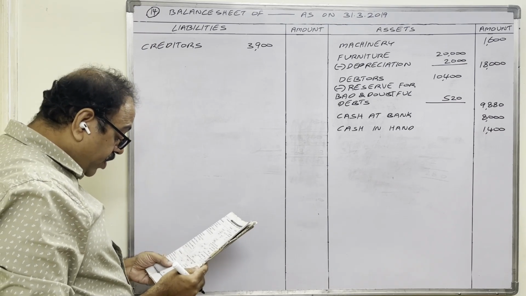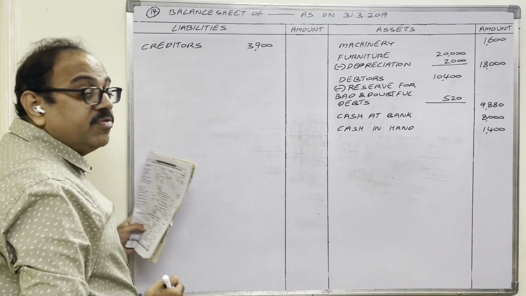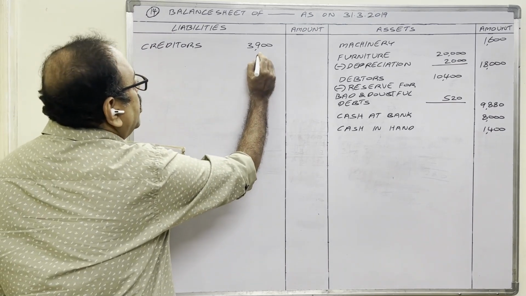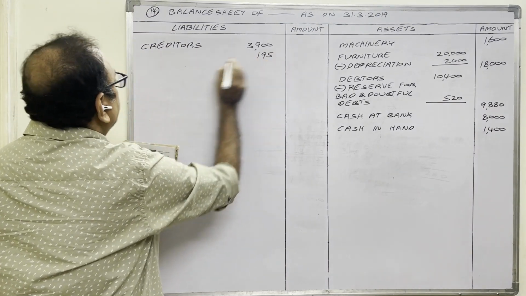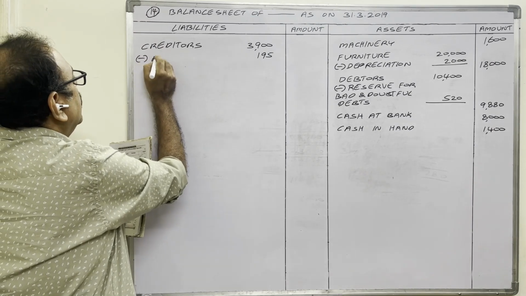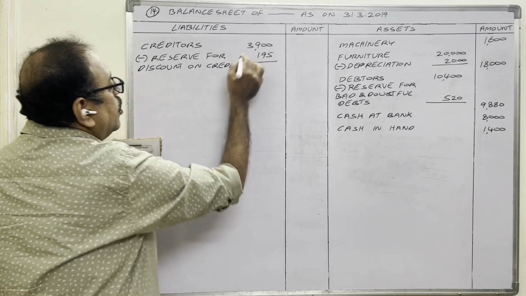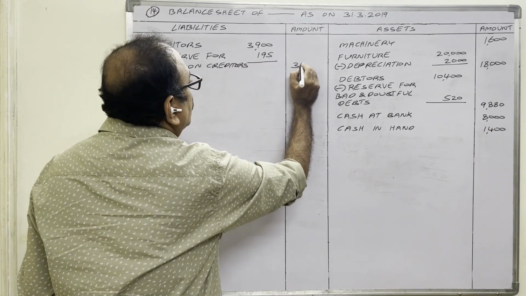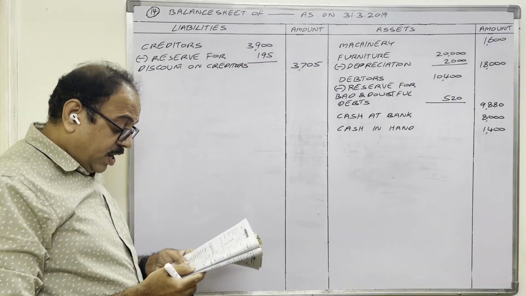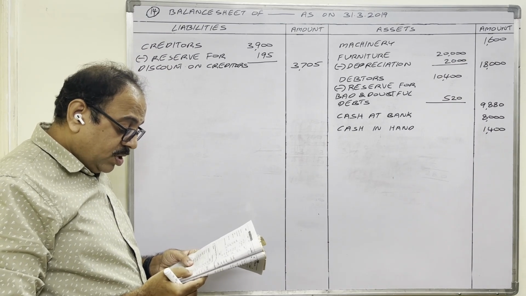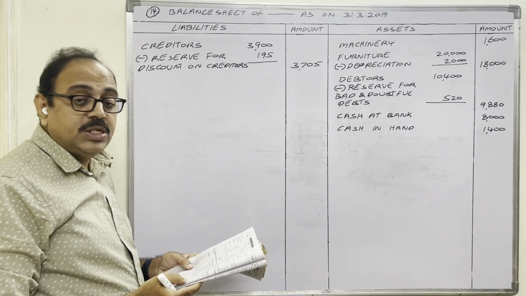We calculated it in the profit and loss account, no? 195 rupees came. That amount we should subtract here, minus reserve for discount on creditors. Net amount in the outer column, 3,705. Creditors, over discount, reserve for bad and doubtful debt, purchase returns.